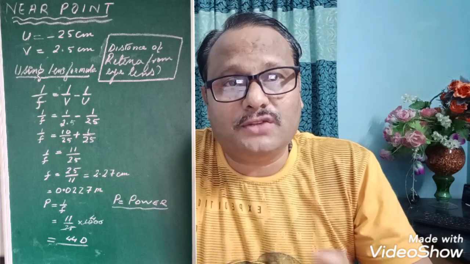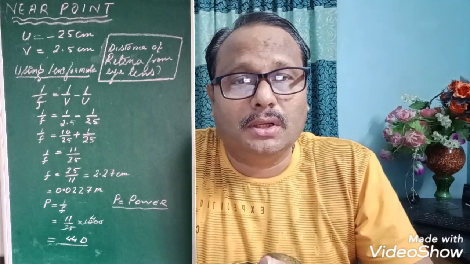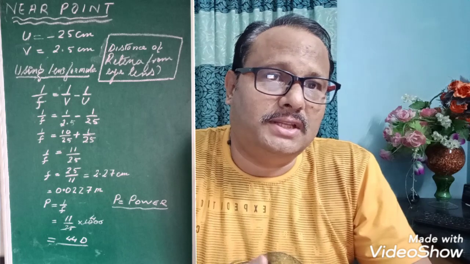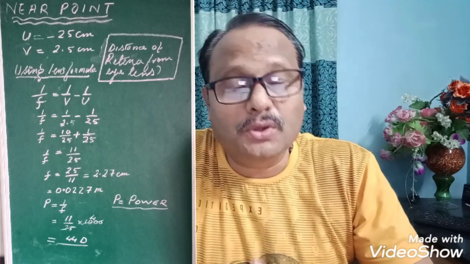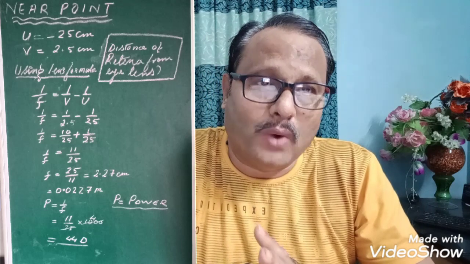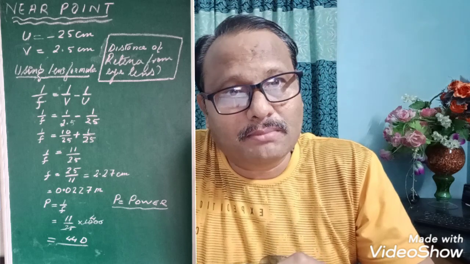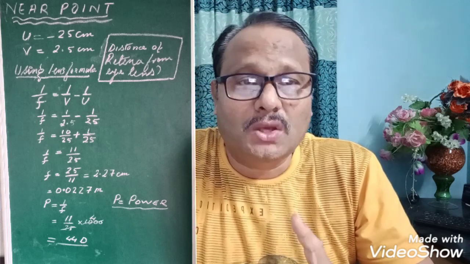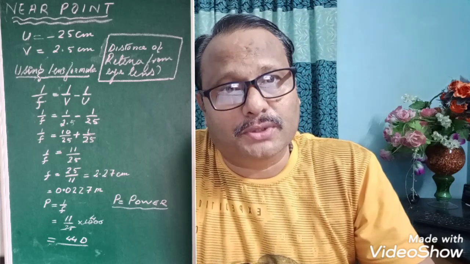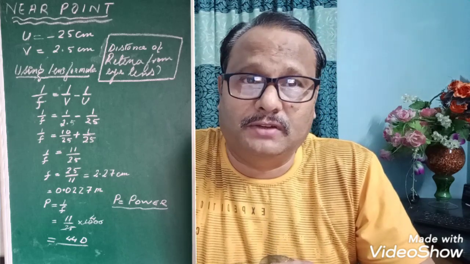Object distance, as we are taking minus 25 here, to find out the nearer distance. So using the lens formula, we use 1 by f is equal to 1 by v minus 1 by u. That is 1 by 2.5 minus 1 by minus 25. 1 by f is equal to 10 by 25, to change the 2.5 decimal, plus 1 by 25.